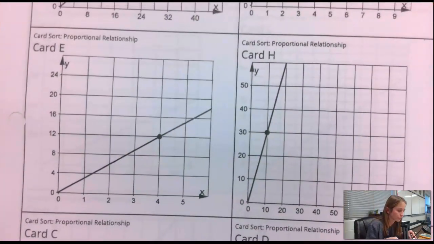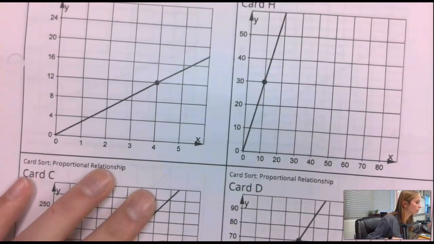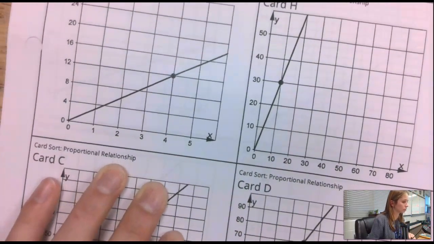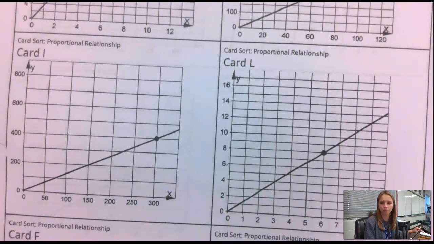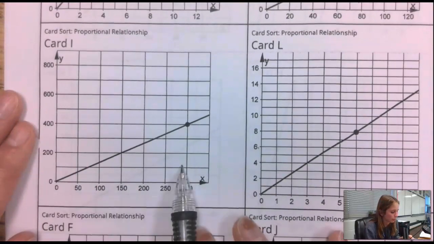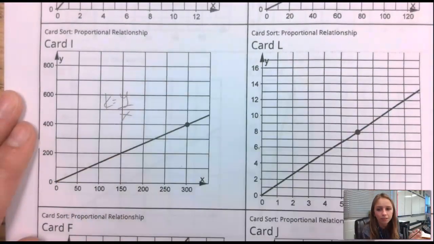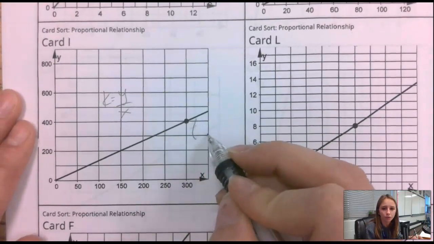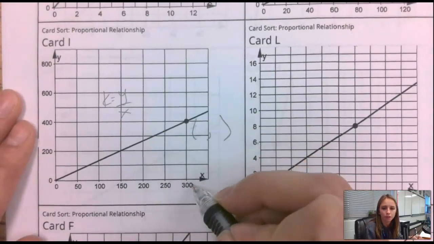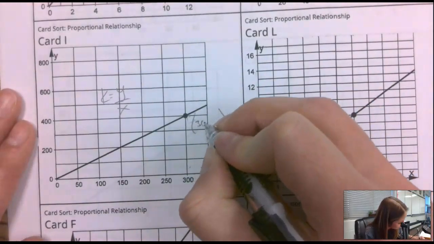Alright. Let's do this example. Alright, so we have some bigger numbers here, okay? So once again, my k is y over x. So I'm going to find my x and y. So my x value here is 300.